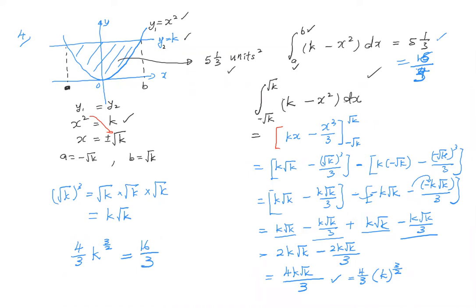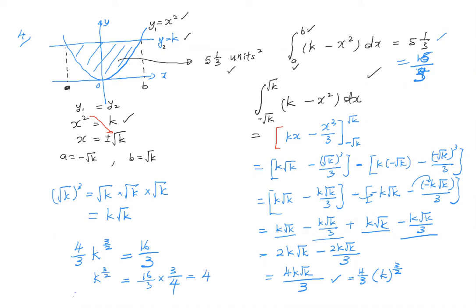16/3. Yeah. So this one will be k to the power of 3/2 is equal to 16/3 times 3/4. Am I right? So this will be 4.